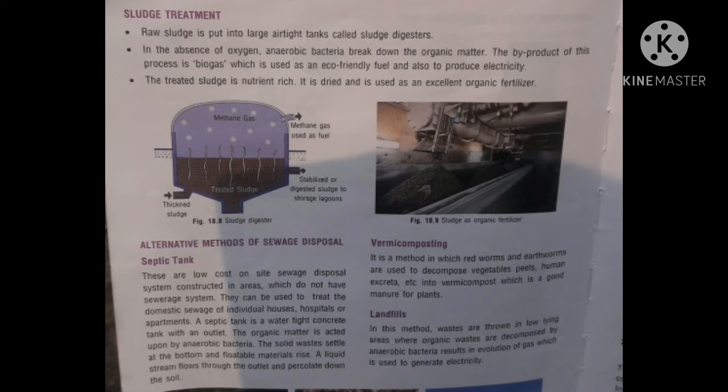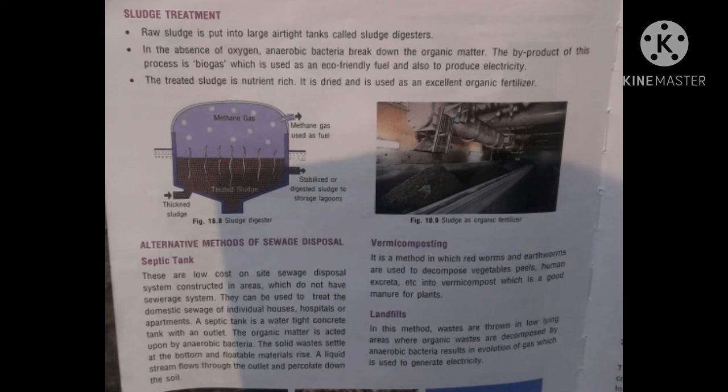It is dried and is used as an excellent organic fertilizer. Children, you are seeing a picture of a sludge digester. In the sludge digester, the treated sludge is used to produce methane gas, and methane gas is used as fuel.